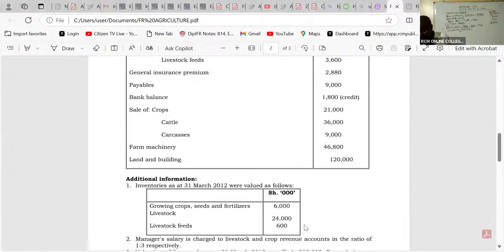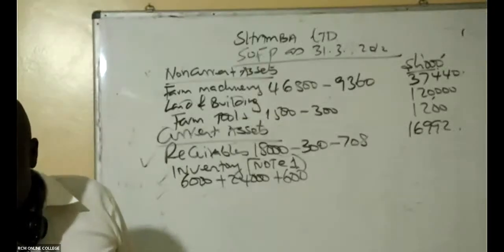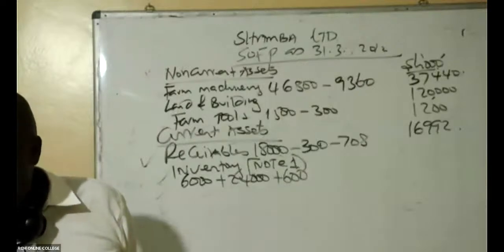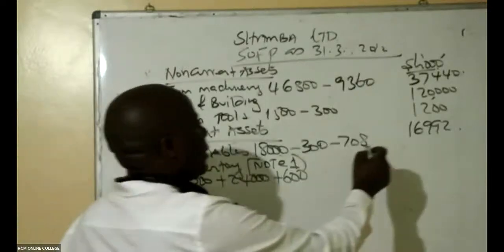You add all of them: 6,000 plus 24,000 plus 600. Can somebody give us this inventory figure? 3,600.